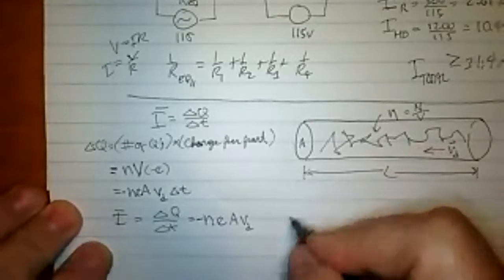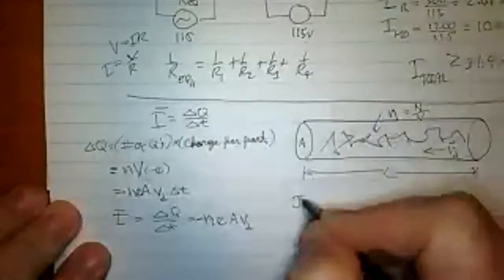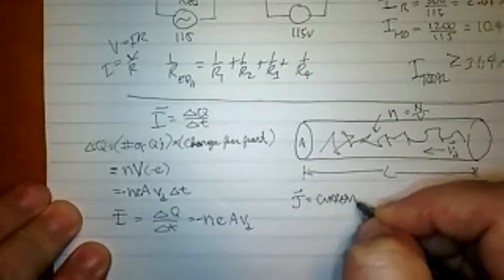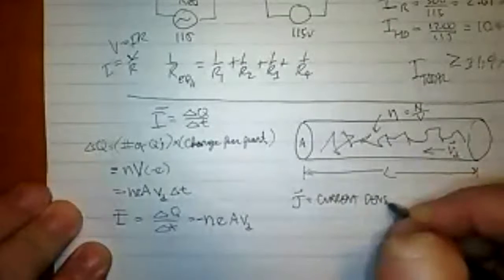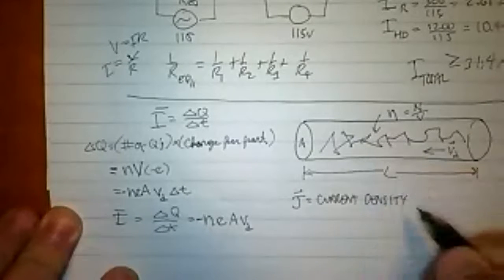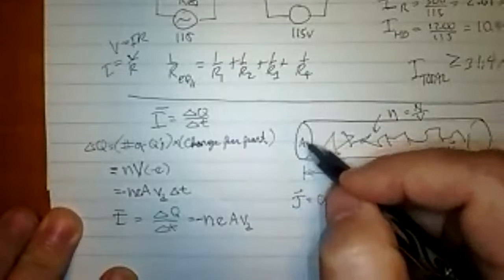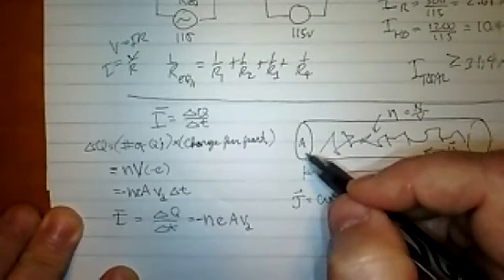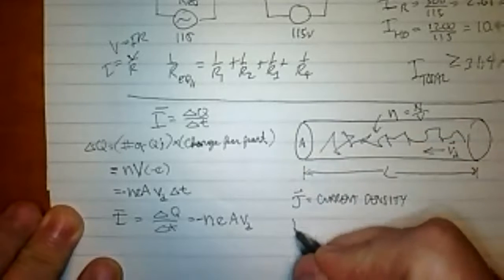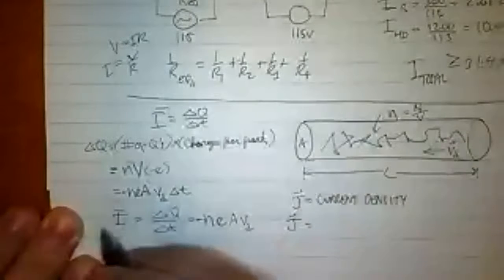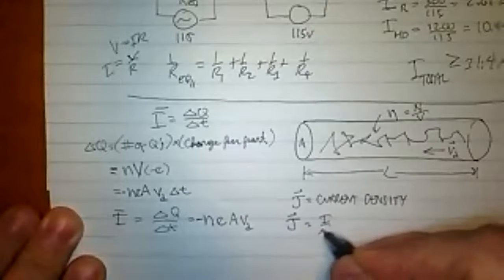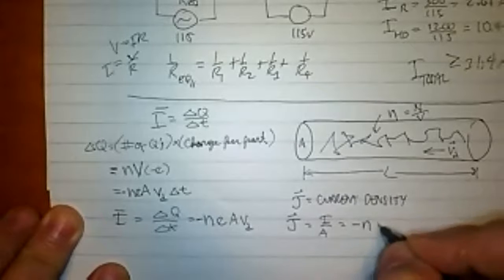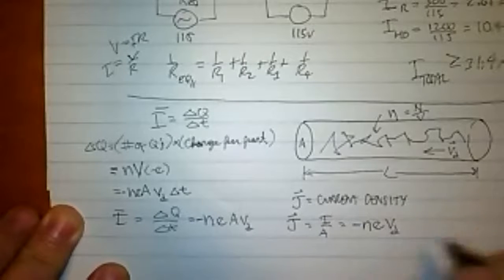Now there happens to be something called the current density, which is a vector quantity. So if you were carrying, say, 20 amps, you would take 20 amps and divide it by this area A right here, and that would give you the current density. So I could say that the current density J is equal to I over A, in which case I'd get negative N times E times the drift velocity.